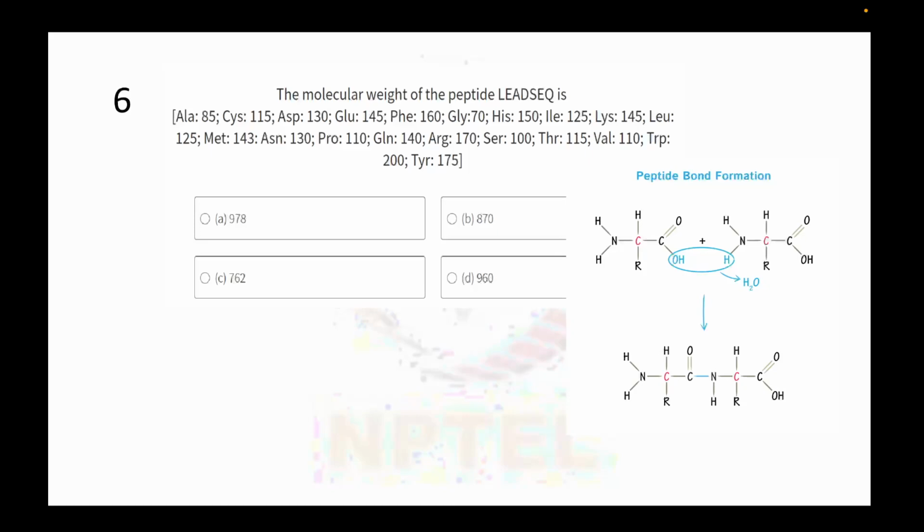When a peptide bond is formed between two amino acids, a water molecule is released.